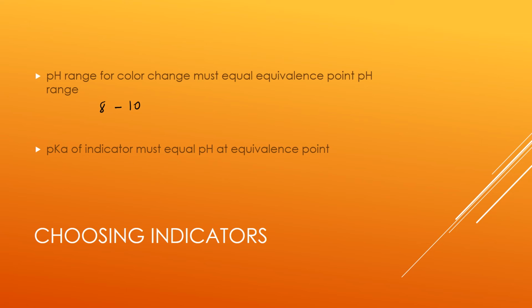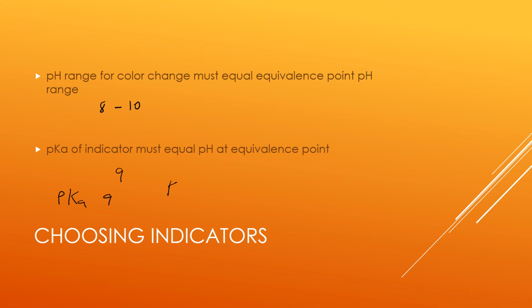The second way you can choose your correct indicator is by saying that the pKa of the indicator is equal to the pH at equivalence point. So if my pH at equivalence point is 9, then I want my pKa value to be 9 as well.